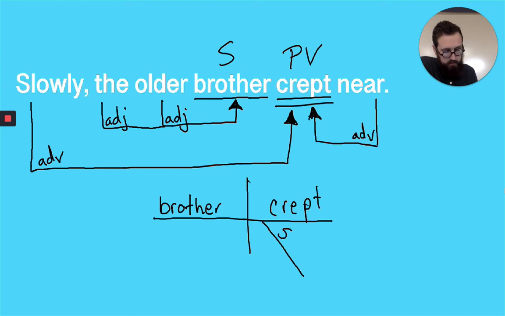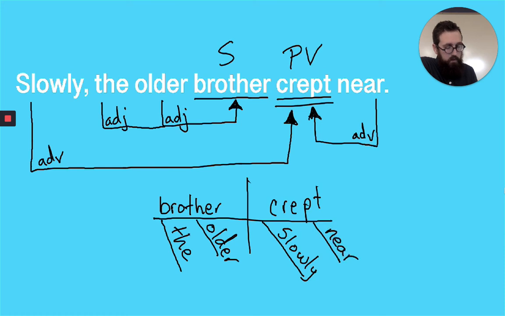I'm going to capitalize it because it's the start of my sentence. Slowly. Then the and older, and then near describes crept. All right, awesome. That sentence has been analyzed and diagrammed as well.